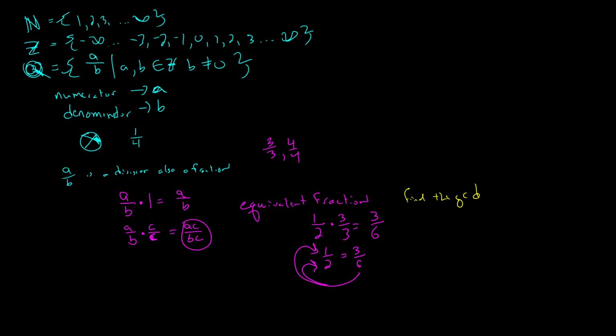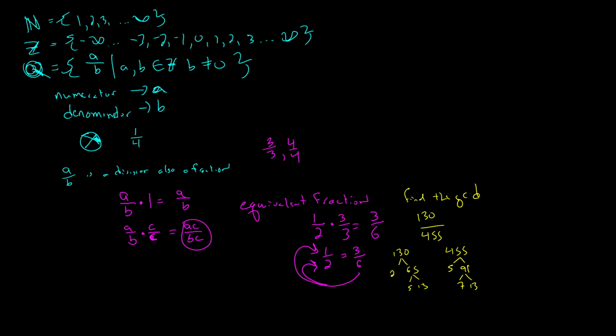And so what we do to get into reduced form is we find the greatest common divisor of the numerator and denominator. So let's say I have 130 and 455. If I want to find the greatest common divisor, I'll do my factor trees. So 130 is 2 and 65, which is 5 and 13, so 2, 5, and 13. 455, well, I know there's a 5 in there, so that's 5 times 91, which is 7 and 13.